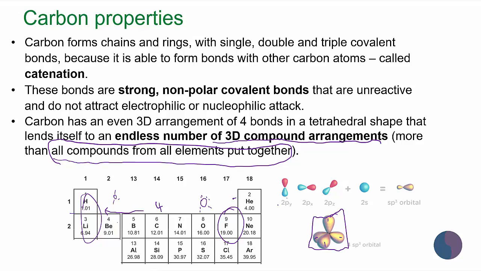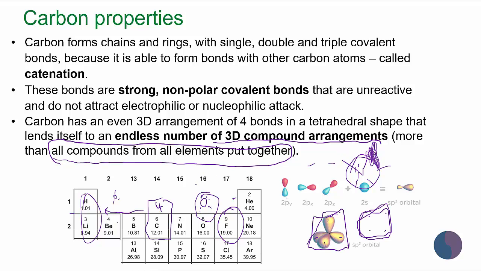So 1 is not going to be good enough to form a 3D arrangement. You're just going to get linear molecules. And this is usually in 2-dimensional space because it's just got 2. All right. Nitrogen here, it's got a lone pair, and it ends up forming 3, which can do some things, but it's much better to have 4.